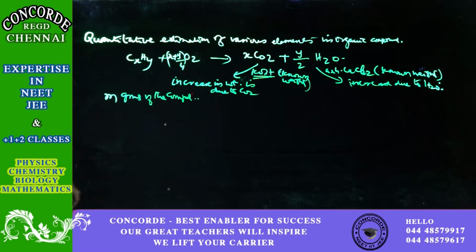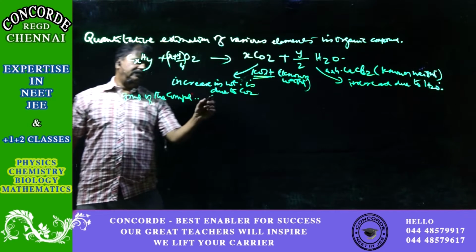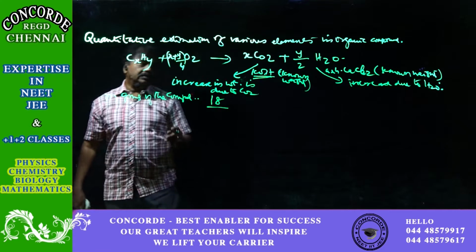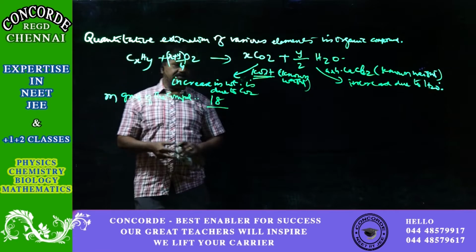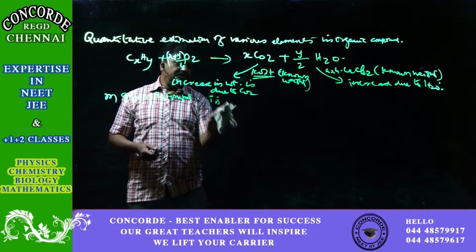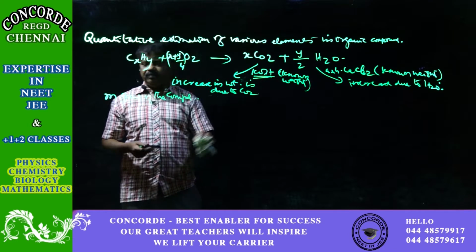Water is 18, so 18 by 44, and carbon dioxide is 44. One by one, let us see.